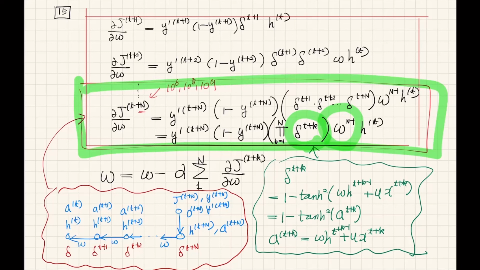But let's pay attention to W. If W is smaller than 1, it is going to be almost 0. That means the contribution of this cost function up to W is not effective. The backpropagation has no meaning.